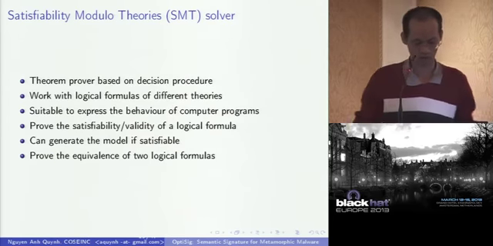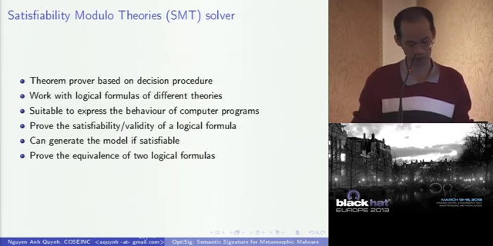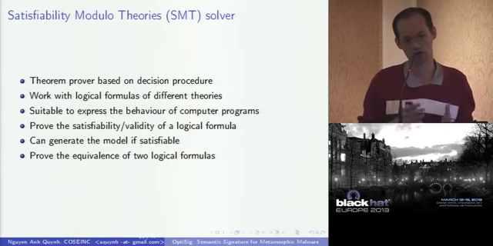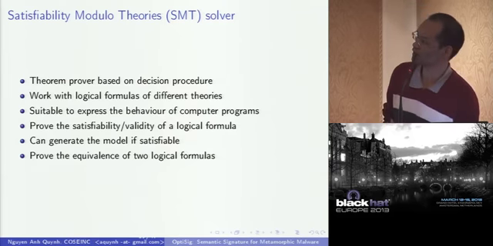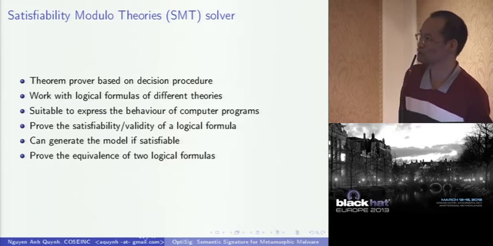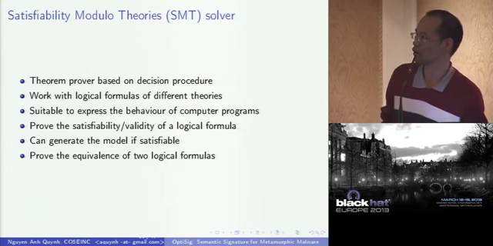Okay, so about the logical formula. After we have the logical formula, we need to prove it. And how to prove it? Here, we propose to use satisfiability modulo theories, or SMT solver. An SMT solver is a theorem prover that's based on decision procedures, and it works with logical formulas of different theories.